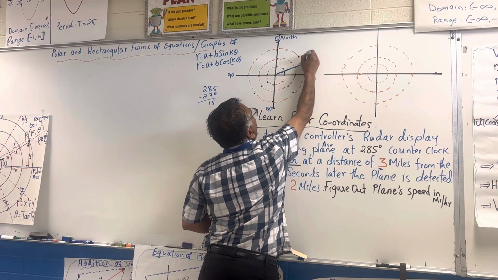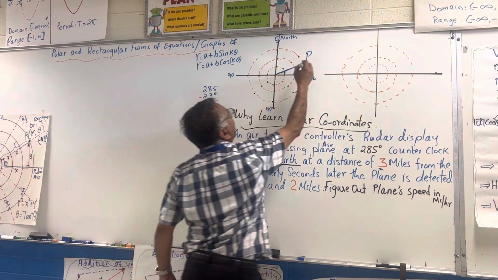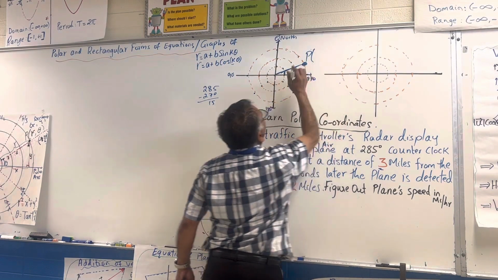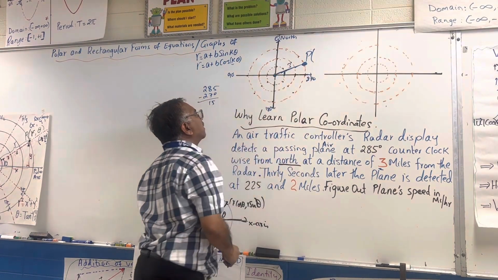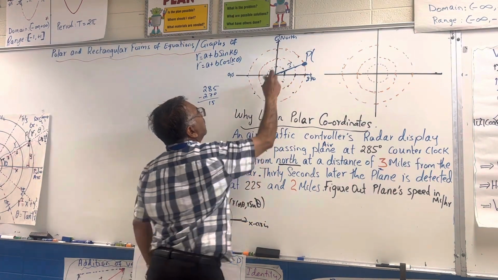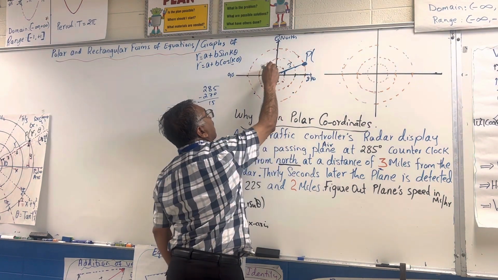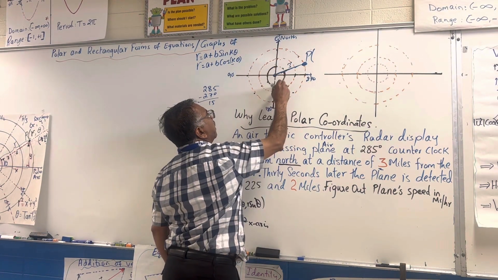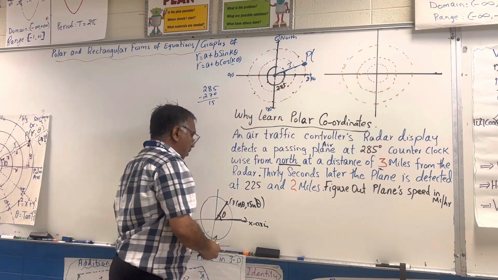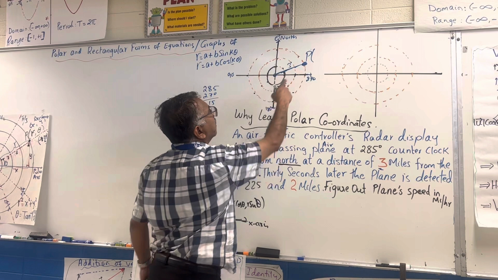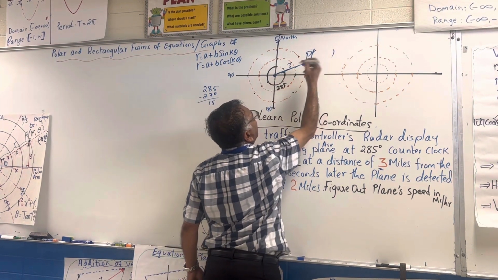So the plane here, let's call this P. The point is P, and we can write the coordinates of this point. From here to here is 3, and even though this angle is 285, in order to write the polar coordinates, I want to know what is that r, theta here.